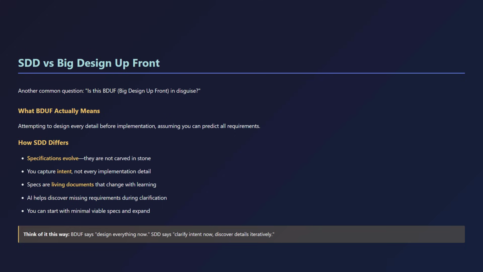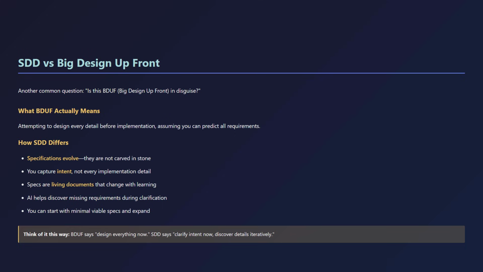If your specification describes user notifications should use WebSocket for real-time delivery, that is implementation detail creeping in. Better to say users should receive notifications immediately when important events occur, and let the planned phase determine whether that means WebSocket, server-sent events, or polling.